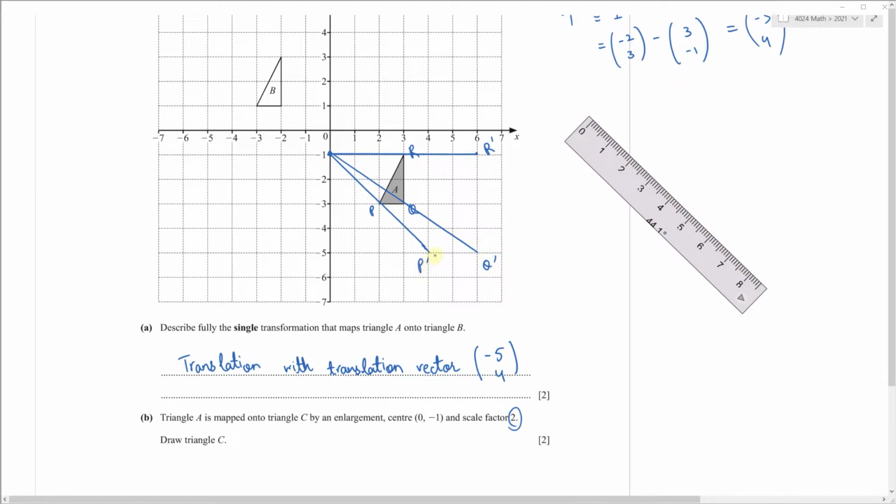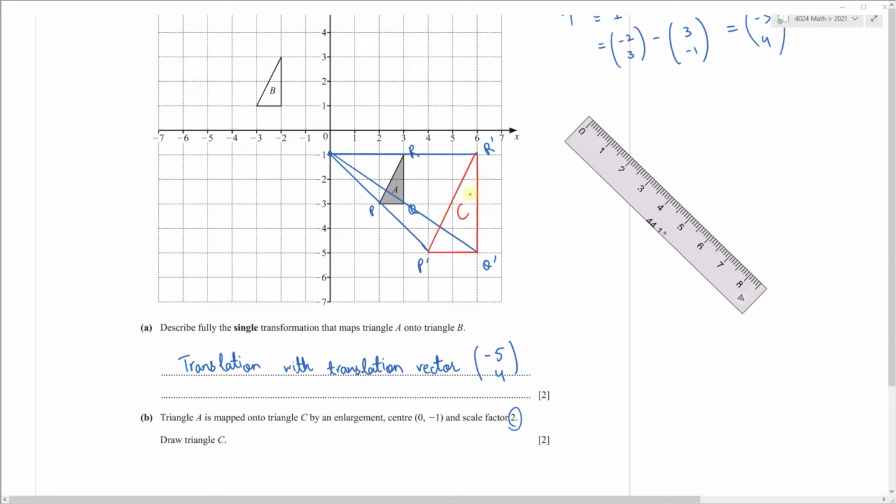So these are the vertices of your triangle C. Let me draw this in another color. My triangle C will be this triangle in red with vertices P prime, Q prime, and R prime.